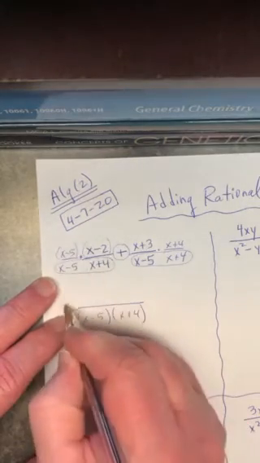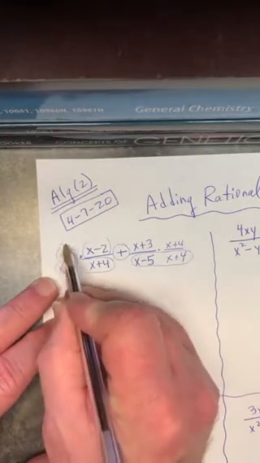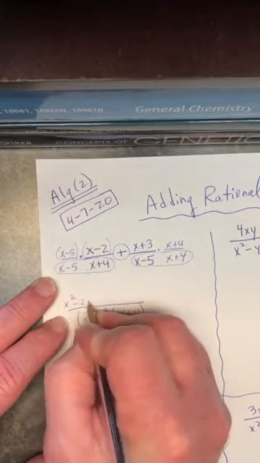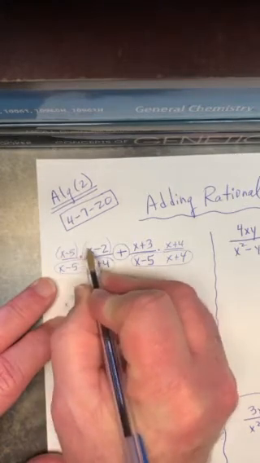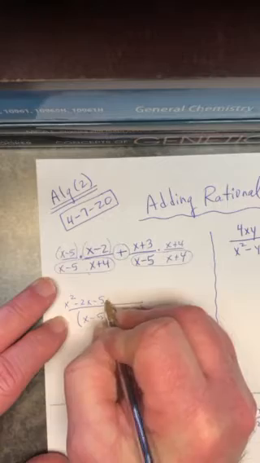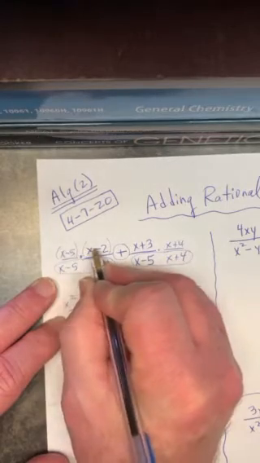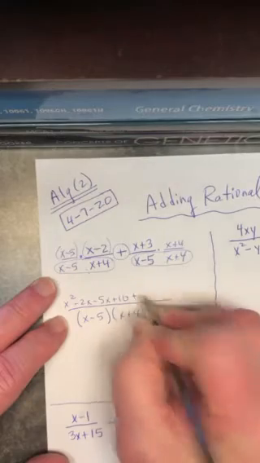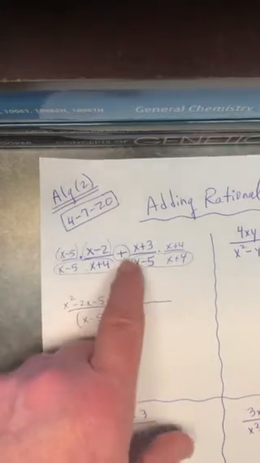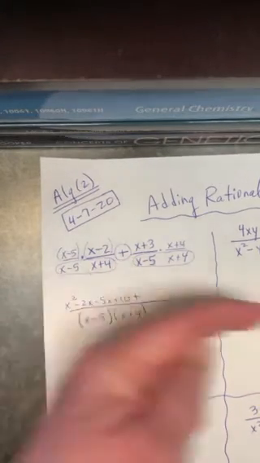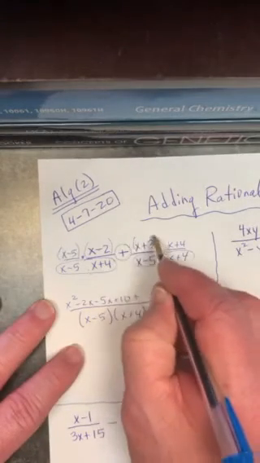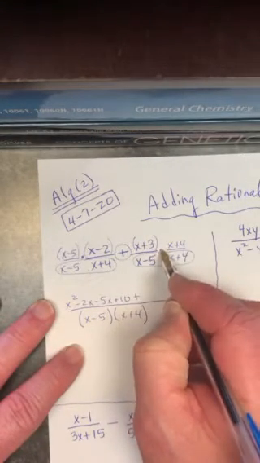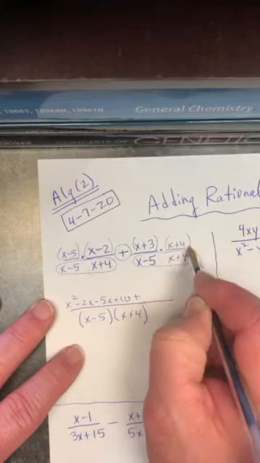X times x, x squared. X times negative 2 is minus 2x. Negative 5 times x is minus 5x. Negative 5 times negative 2 is plus 10. Plus, oh, there's still a plus in the middle. Now I got to go over and take this guy, x plus 3, and times him by that guy, x plus 4.